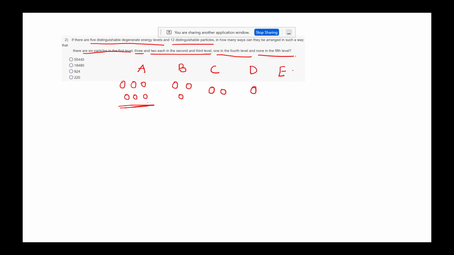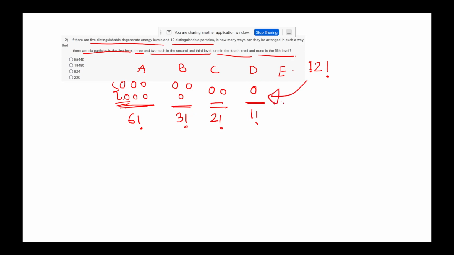Actually, the total number of possibilities for 12 distinguishable particles is 12 factorial, right? Now, how many ways can these 6 particles be distributed? That is 6 factorial. How many ways can these 3? 3 factorial. This 2 is 2 factorial, and this is 1 factorial.